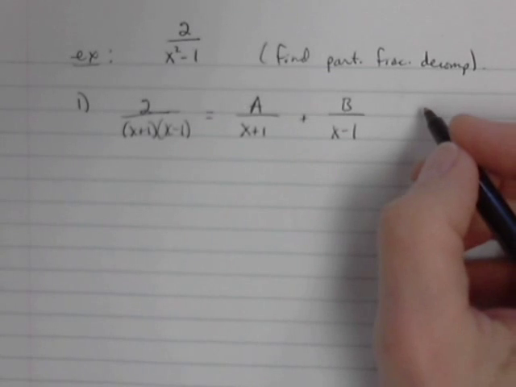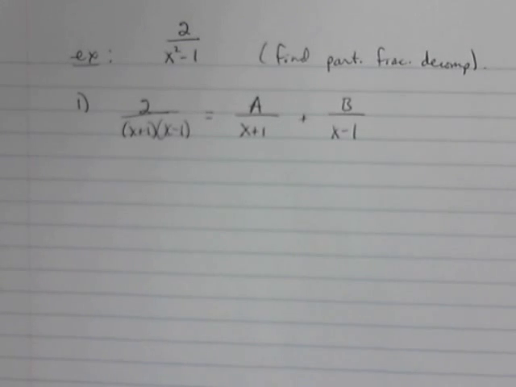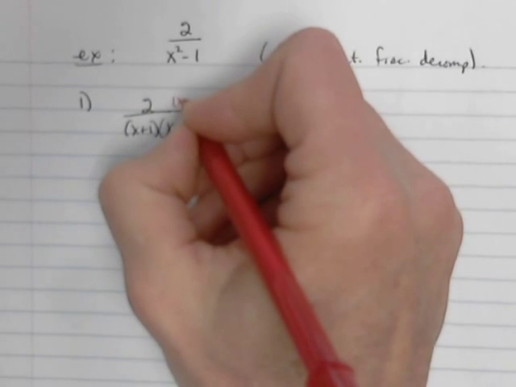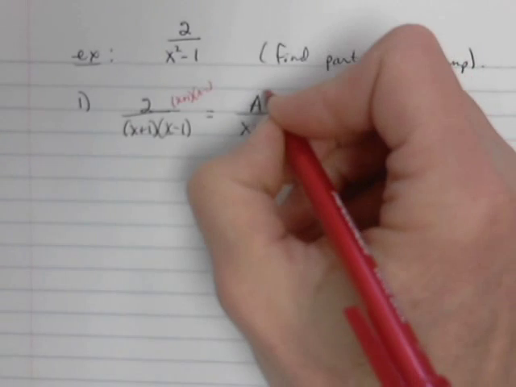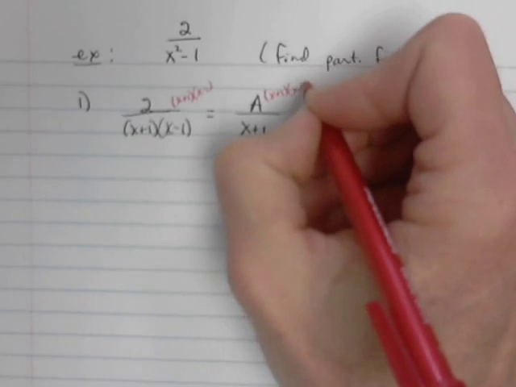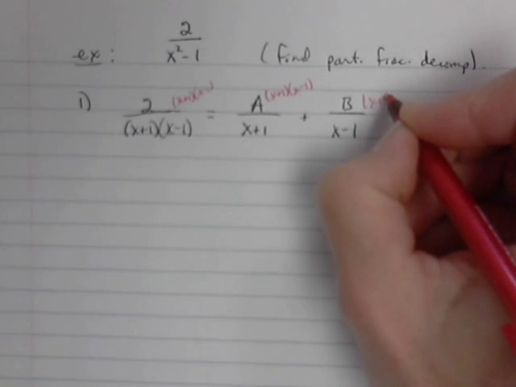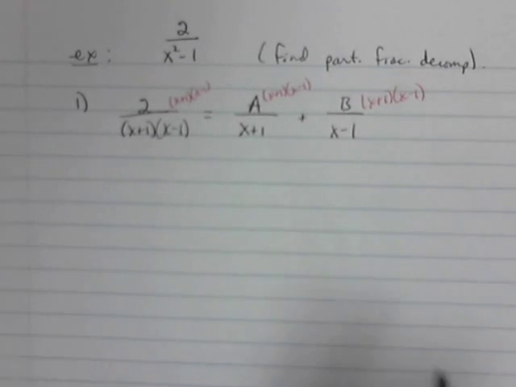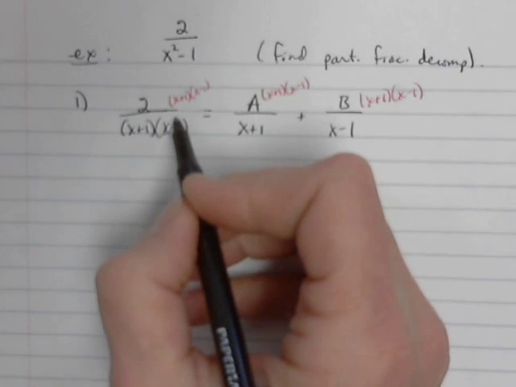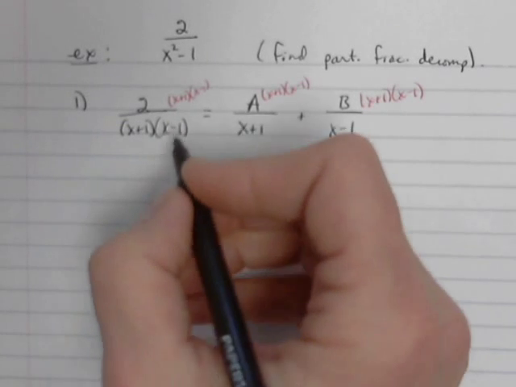The LCD is x plus 1 times x minus 1, so you're going to multiply by x plus 1 times x minus 1. And you'll see a really easy pattern after a while. You'll just learn that this whole denominator is going to always go away.